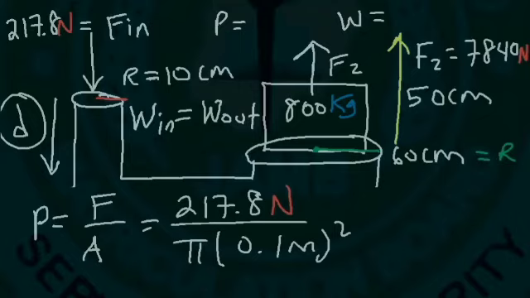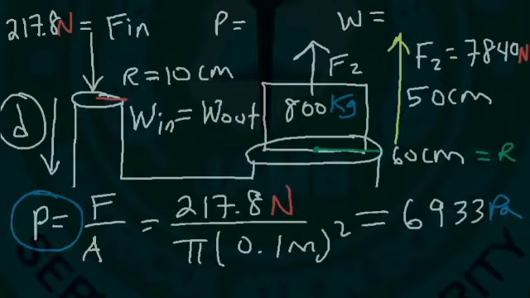So 217.8 divided by 0.1 squared, and let's take that result divided by pi. So this is equal to 6,933 pascals, since this is now the pressure. So that is it for the hydraulic lift.